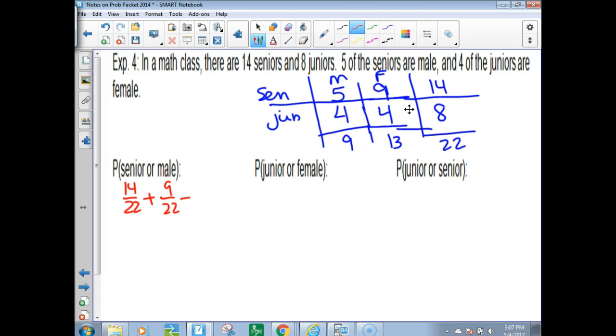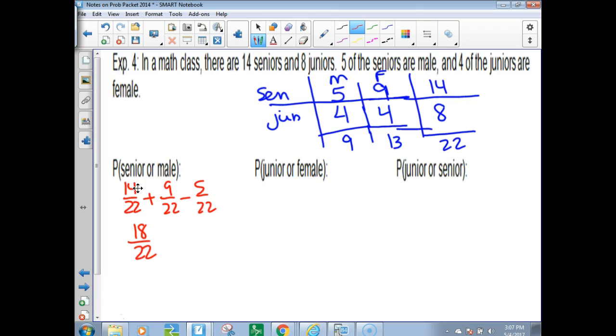And then I'd have to take out the overlap of seniors that are male, 5 out of 22, and then I could get the answer. Or you can say, there are 14 seniors, and then how many more males are there besides those 14, that are juniors and they're males? 4. So we should be getting 18 out of 22.